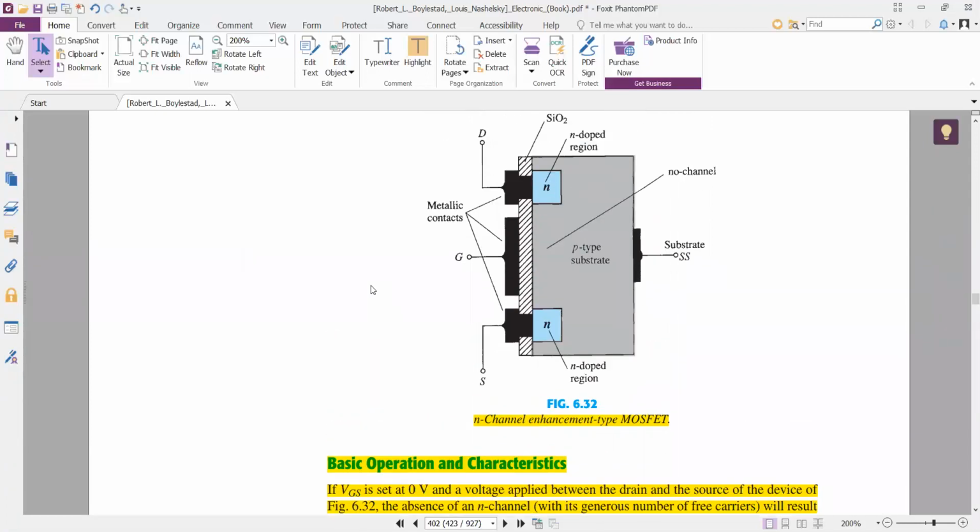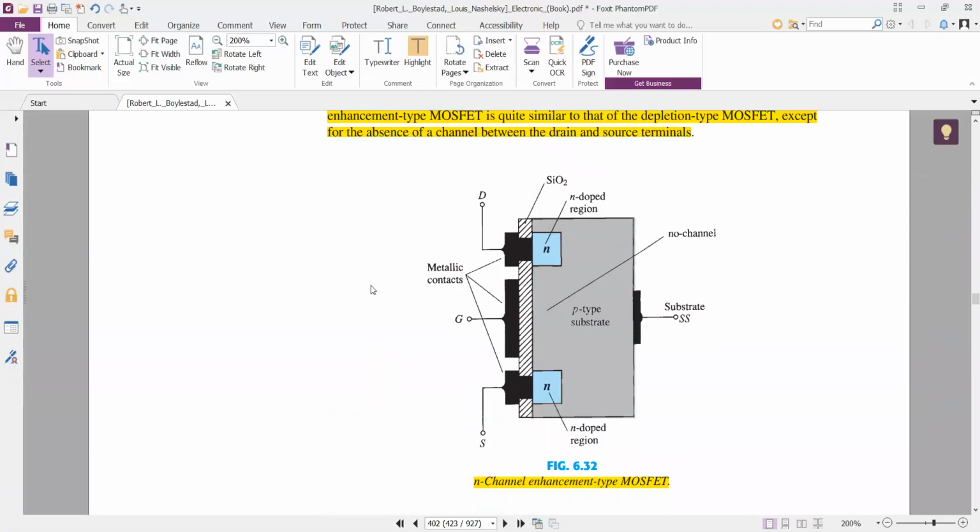So in order for current to flow from drain to source, we must apply some sort of potential between gate to source terminals.